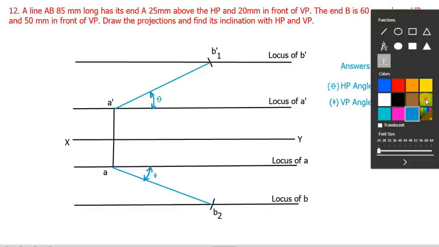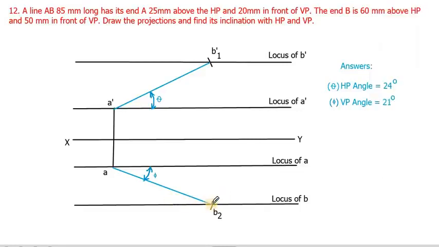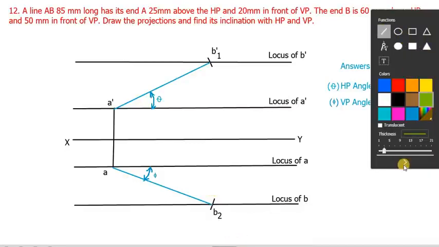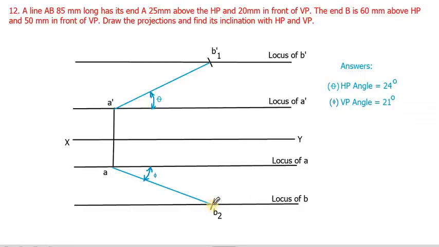For that, draw a straight vertical line from B2 up to the locus of A dash. This vertical line should be parallel to the A dash A line.